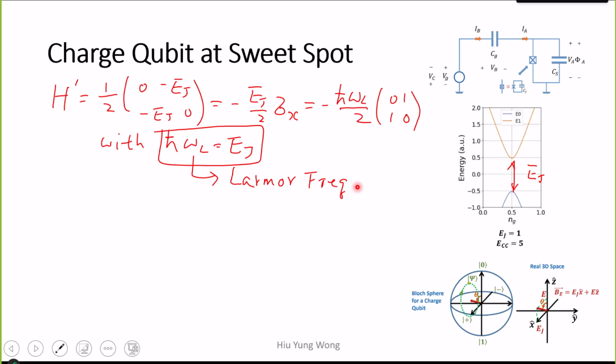And this is a qubit that was used maybe 20 years ago. People started with this charge qubit. They want to operate at this sweet spot, why again? Why don't they operate at Ng not equal to 1/2? Say again?